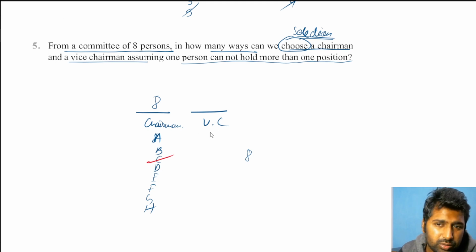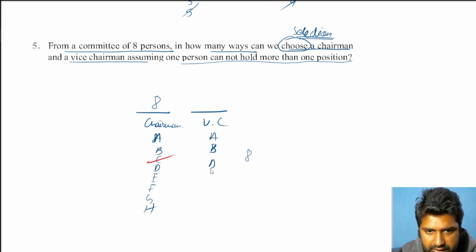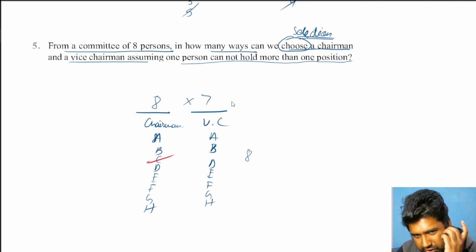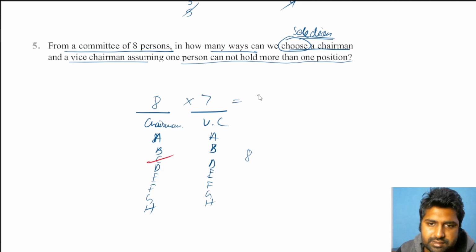Because one person cannot hold more than one position, C has already become chairman. So A, B, D, E, F, G, H, 7 such options are there. Out of these, one will sit in the vice chairman's chair. So 8 times 7, 56 is the answer. It's all about the thought process.